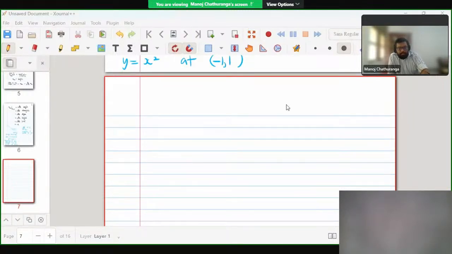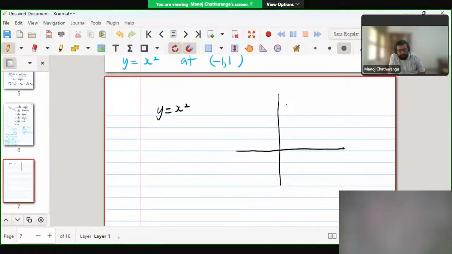Very good. Now let me take the same function, y equals x square. We computed the slope of the tangent line at -1.